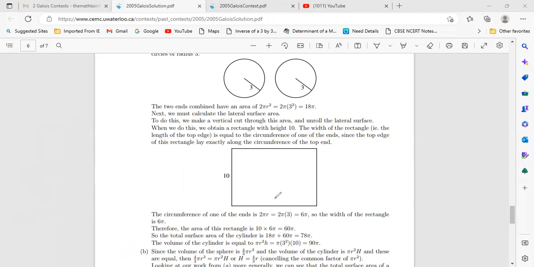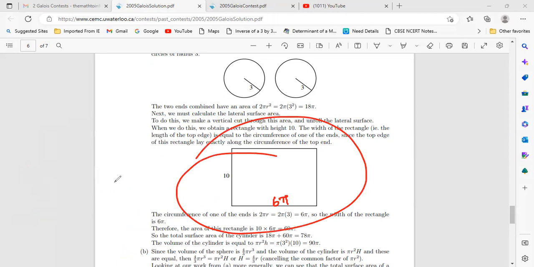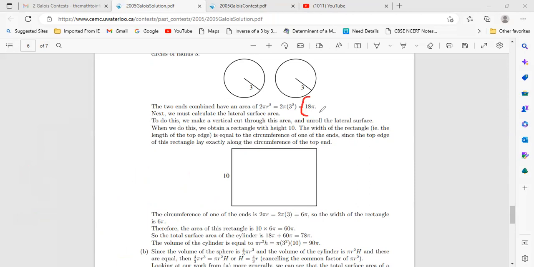So the width of the rectangle is 6 pi. For calculating the area of the rectangle, you know the formula. It's length into breadth. So it's going to be 10 times 6 pi, which will give you 60 pi. So that is your surface area of the mid portion. So you just have to add this 18 pi and 60 pi for calculating the total surface area of the cylinder, which is nothing but 78 pi.